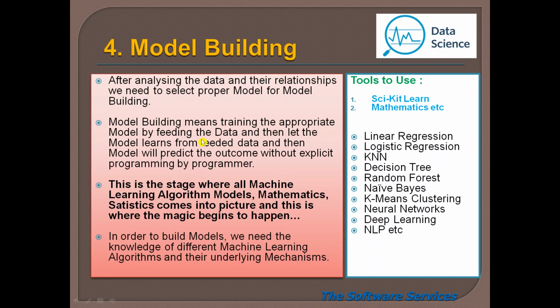Without explicit programming means what we are doing is we are not programming the model. Please listen concentratedly here. We are not programming the model. Programming the model means we need to direct the model: you go and select this, you go and do it like that.